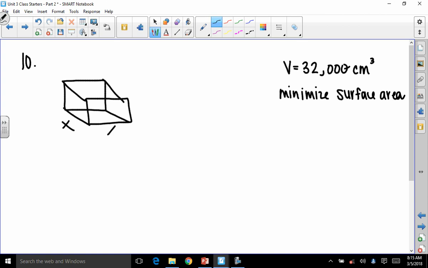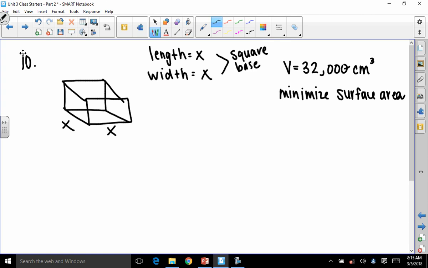I'm going to use X. I hate using L. So I'm going to say the length of the box is X, and the width of the box is X because of the square base, right? If you want to make a note that it's a square base and that's where this came from, that's probably not a bad idea, okay?